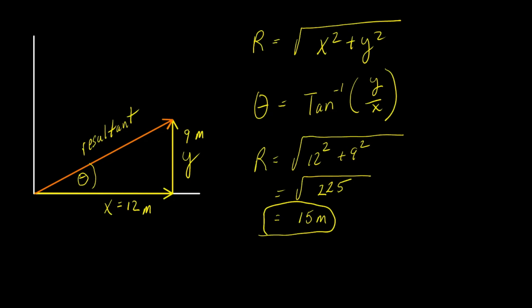All right, so the resultant length, or magnitude, is going to be 15. All right, the angle theta is going to be the arctan of y over x. So the y is 9, x is 12. So theta will be 36.9 degrees.